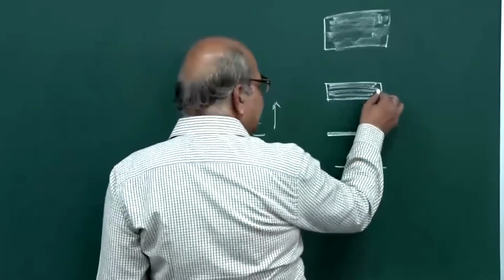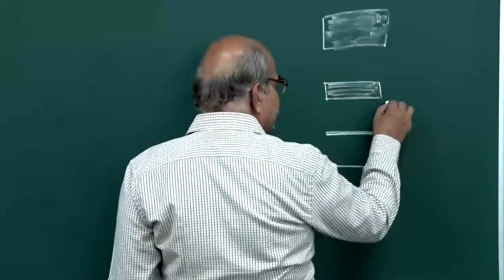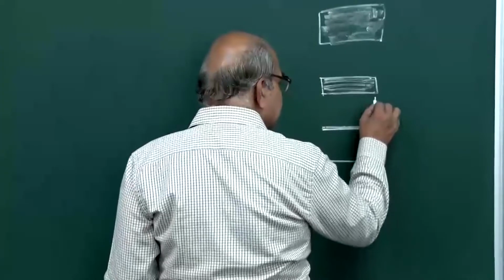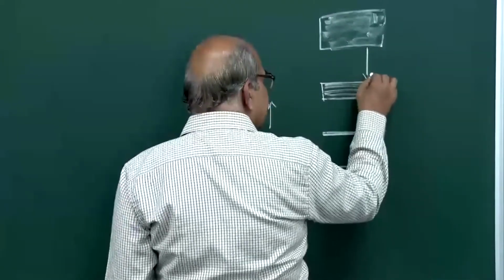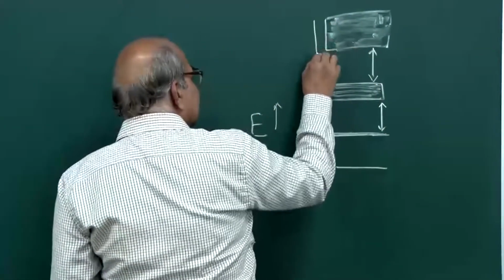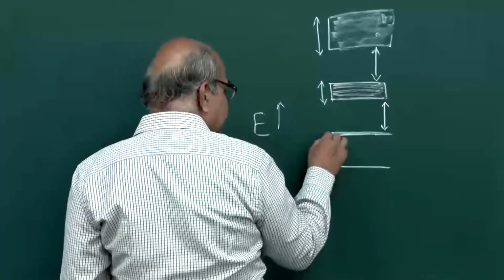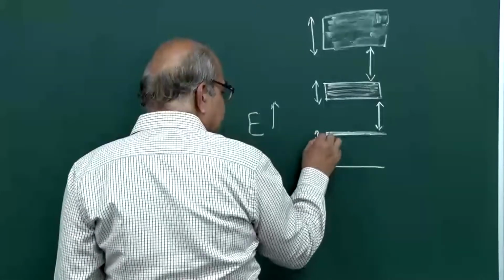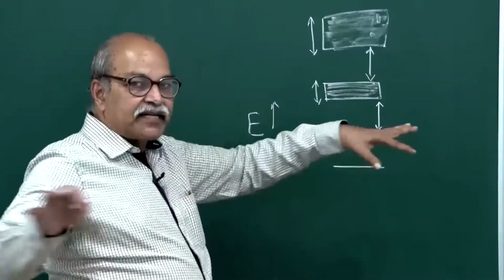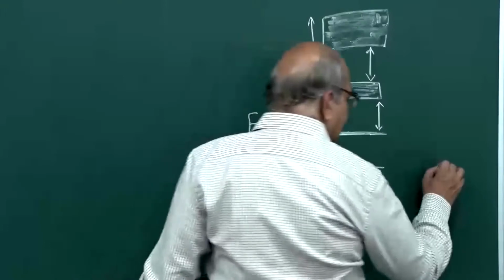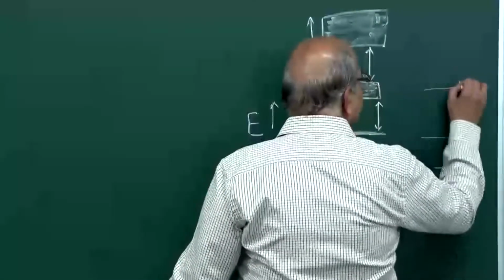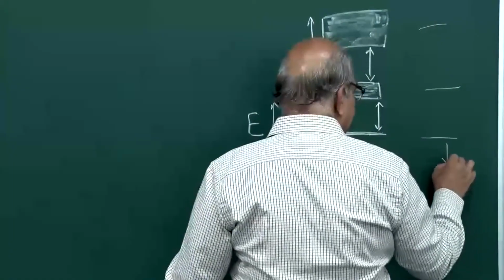Now that means if I look for energies, we have these gaps, and then we have these allowed energies. Initially also we had gaps. Initially when the atoms were far apart, then also we had sharp energy levels, and all these were gaps.